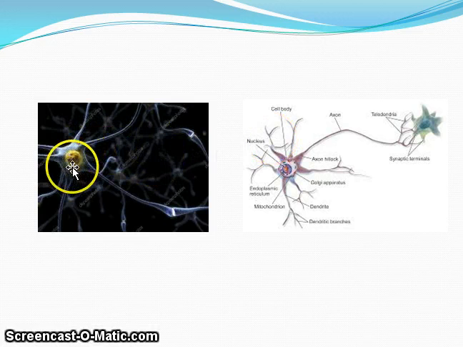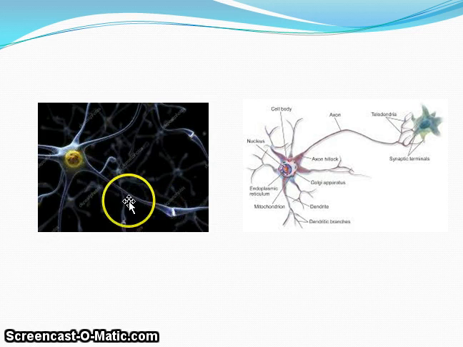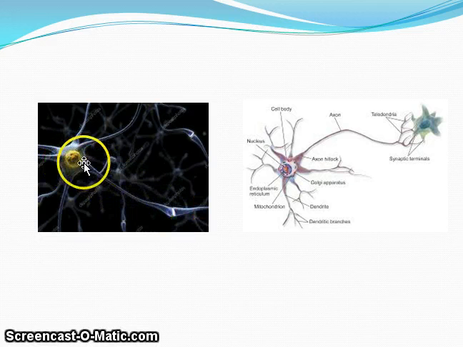Now when lots of neurons get together, they will comprise the gray matter. Because of the nucleus, it appears dark and grayish in color. So all the bunches of nerve cell bodies will constitute the gray matter, while the axonal part, or axon or tail portion, will constitute the white matter.